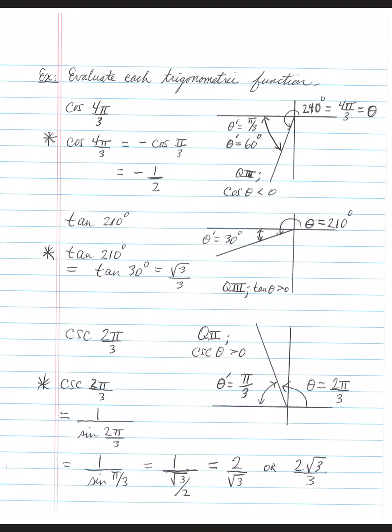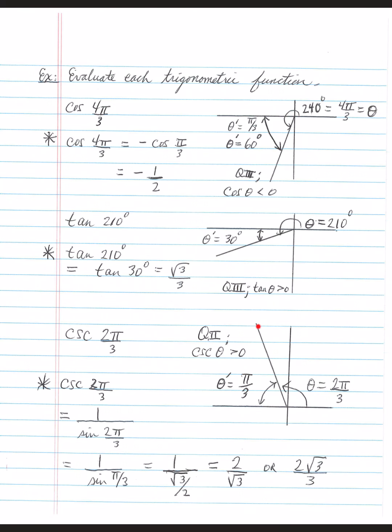Cosecant of 2 pi over 3. 2 pi over 3, if you convert to degrees, is 120 degrees. That takes us to quadrant 2. Sine is positive in the top two quadrants because sine involves the y-coordinate, and the y-coordinates are positive up here.